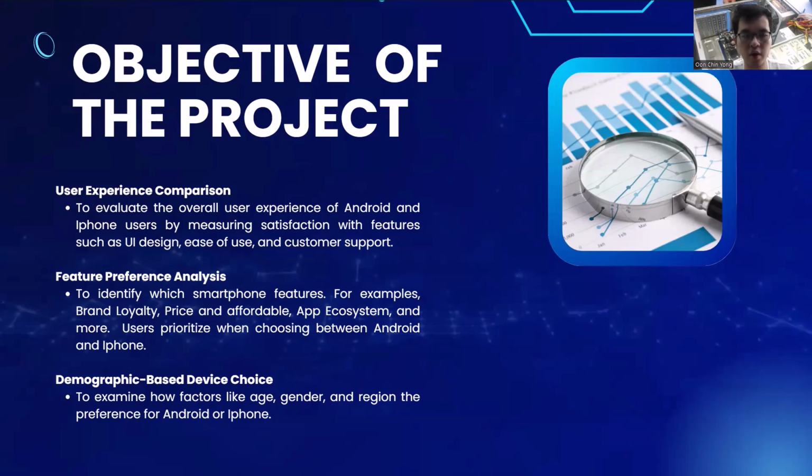The feature preference analysis is to identify which smartphone features, for example brand loyalty, price and affordability, app ecosystem, and more, users may prioritize when choosing between Android and iPhone. The demographic-based device choice is to examine how factors like age, gender, region, and features affect the preference for Android or iPhone.